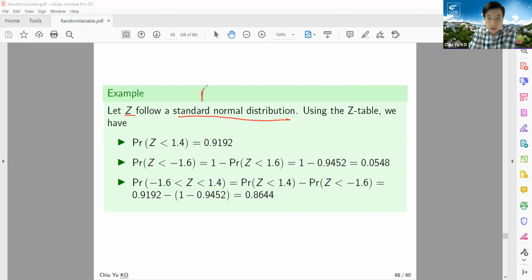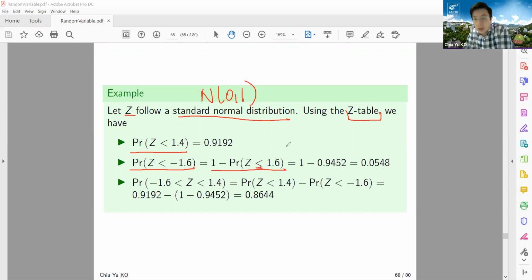And using the Z table, we want to find these three. This one we can directly look up in the table. And this one, if you look at the table, you just use 1 minus. Technically I have to use a less-than-or-equal-to, but it doesn't really matter because they're the same. So it's 1 minus this guy, and 0.0548.